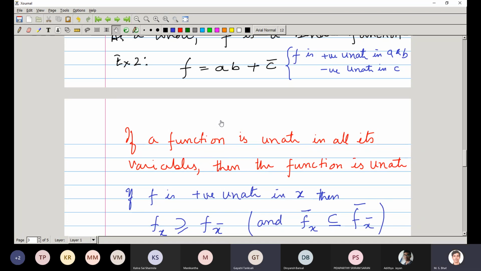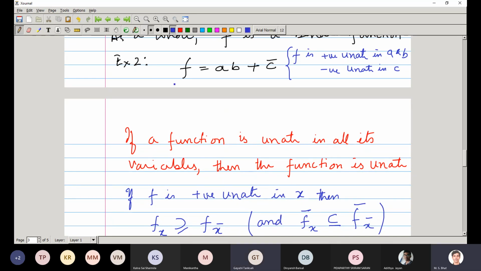No, it is not like that. Let us say a function has n variables. Now the function can be positive unit in some variables and negative unit in some other variables.